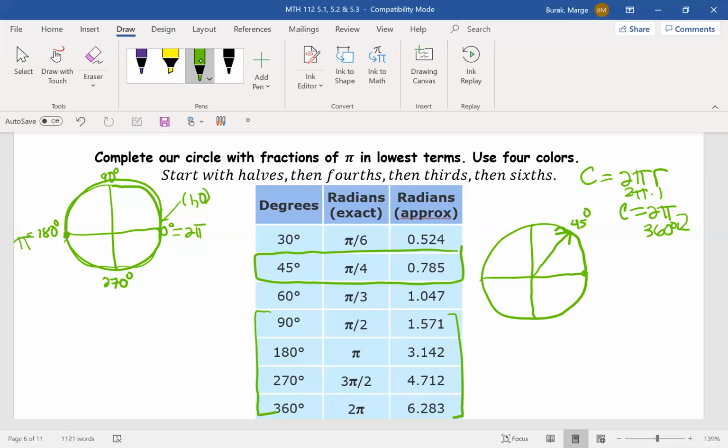Well, if you think about it in terms of pi, straight up is half of pi, then 1 whole pi, and then below would be 3 pi over 2, which is 3 halves, and then this would be 4 halves, or 2 pi. So 90 degrees is pi over 2, 180 degrees is pi, 270 degrees is 3 pi over 2, and 2 pi. Those are our quadrant angles in terms of pi.